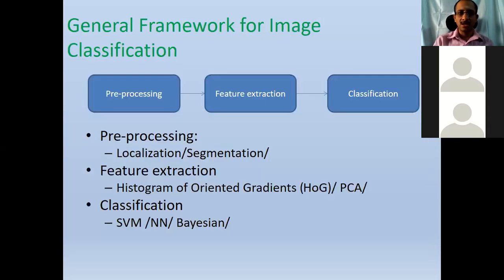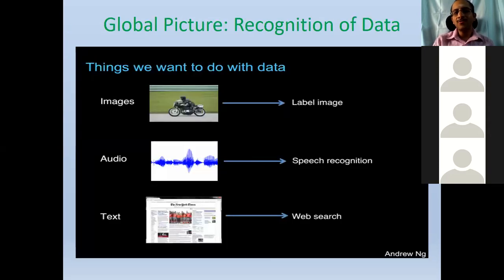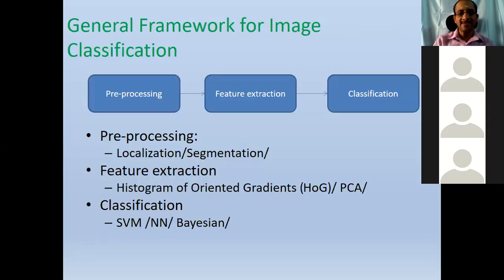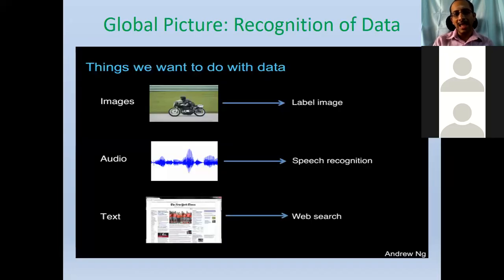Okay, fine. We have also seen a couple of examples of pre-processing. Feature extraction we will see now in this course, and classification in more detail. So before I discuss some methods of feature extraction, I suggest you tell what kind of features we need to extract.